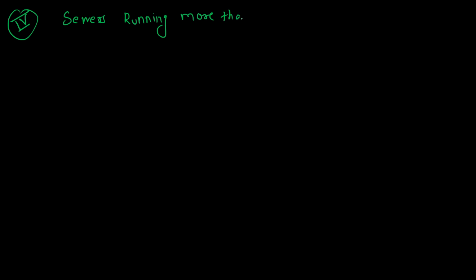Now let's see quickly the last case, that is case number 4. Sievers running more than half. So this is the 50% level.